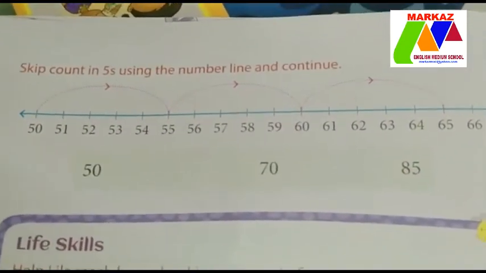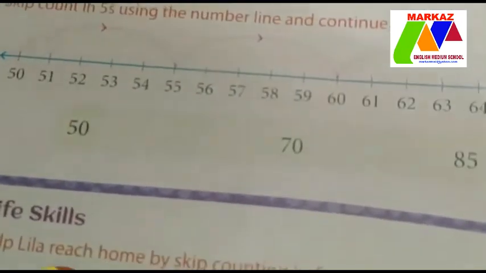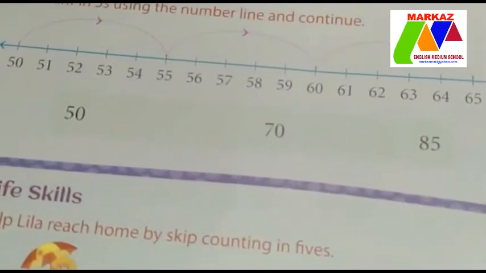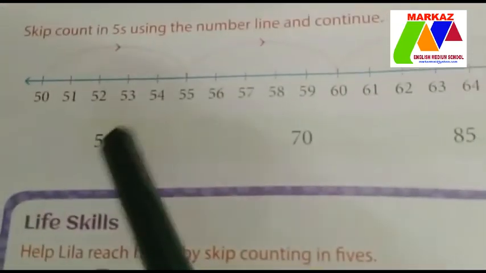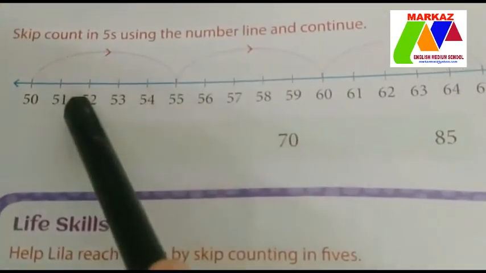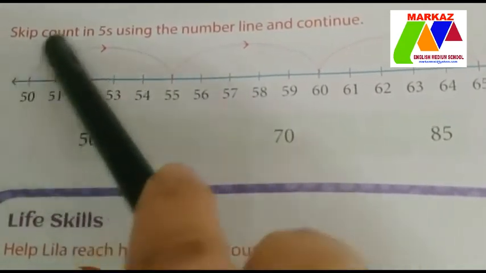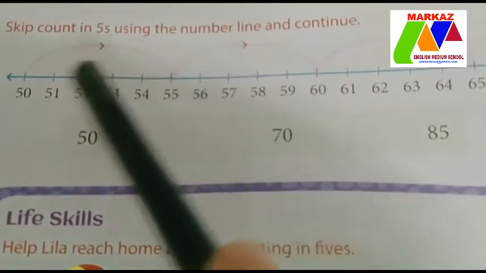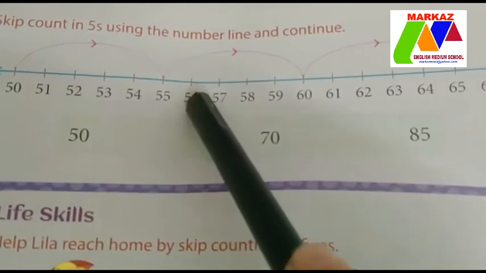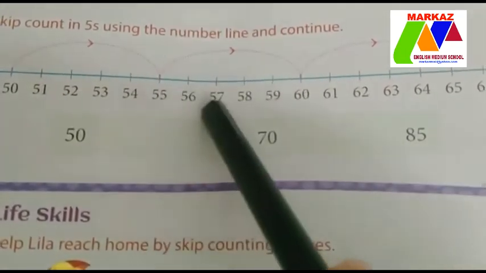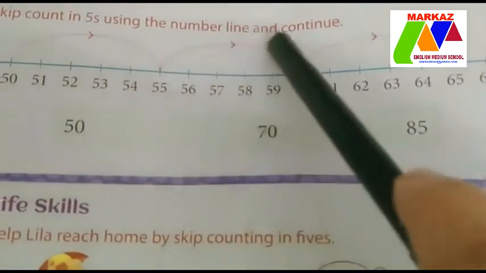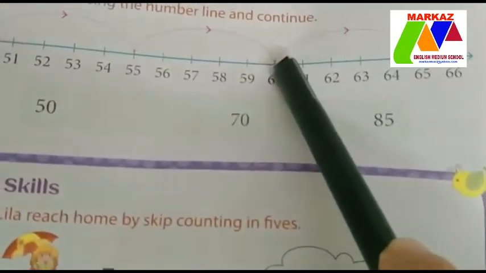Then skip count in 5s using number line. We skip how many numbers? We skip 5 numbers and reach 50, 55. Then we skip how many numbers? 5 numbers and reach 60.